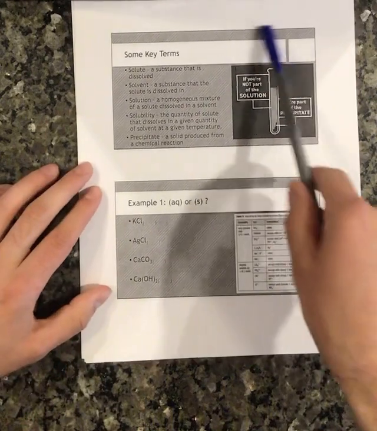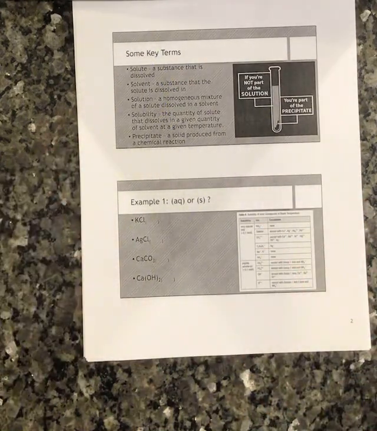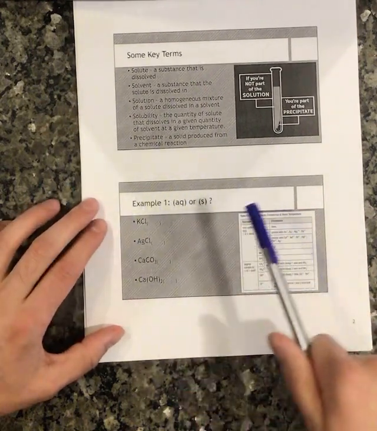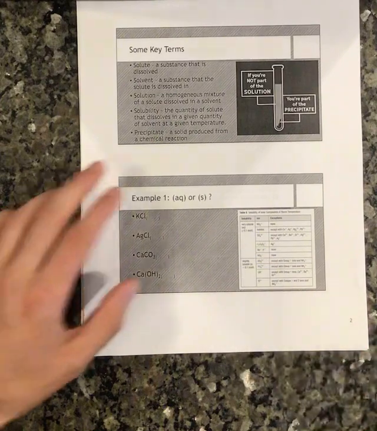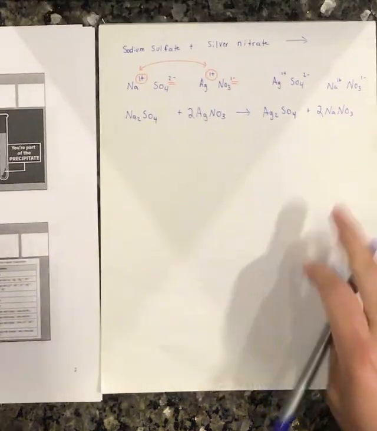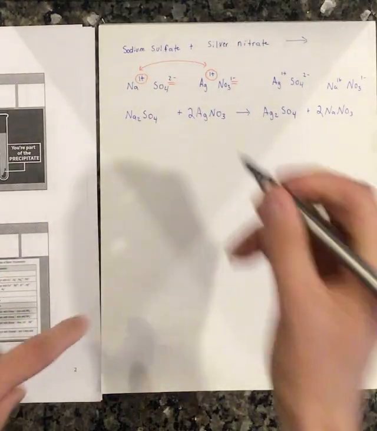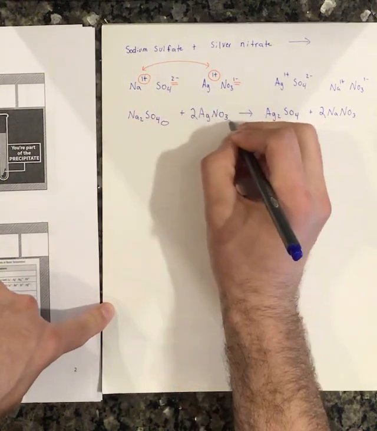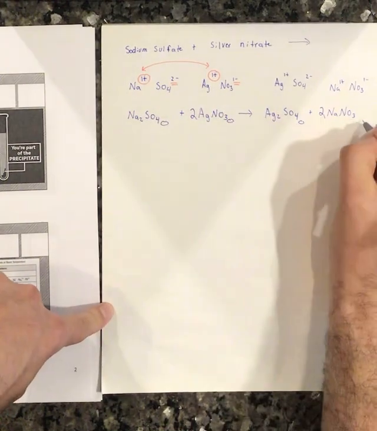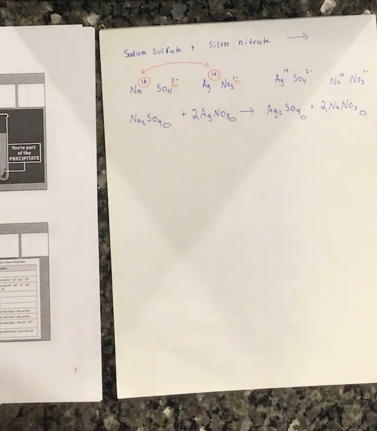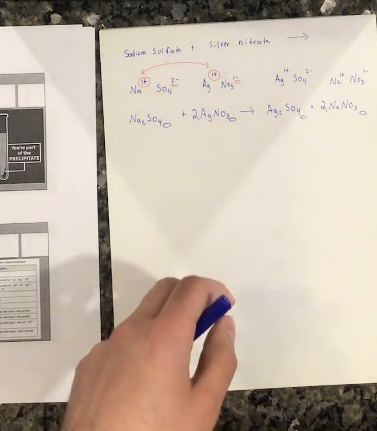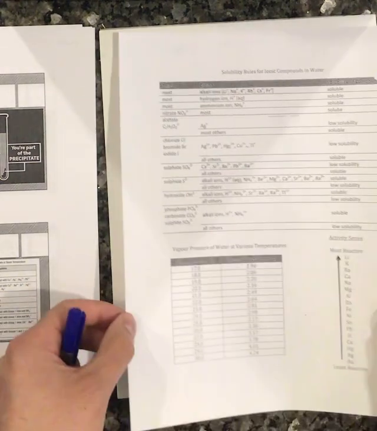All right. Before we get into some examples of our reactions here, if we go back to this example, we're going to try and figure out what these states are. In order to do this, what we need is this here.